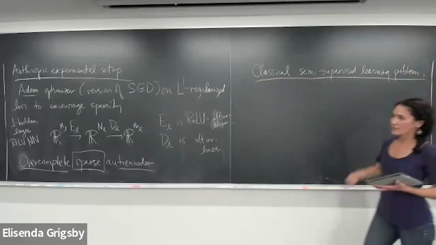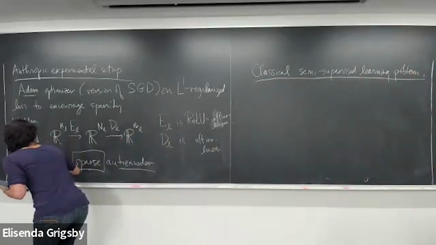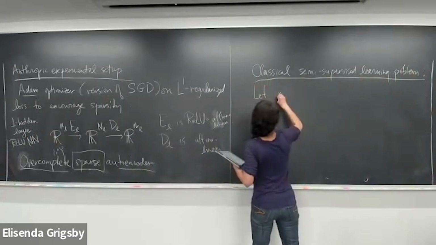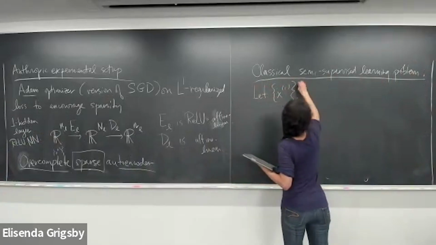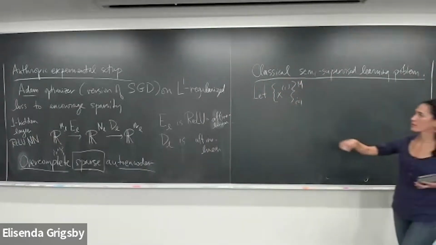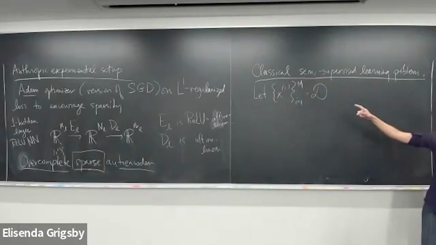The idea is that you have a data set, say M data points to train on, and they're not labeled.